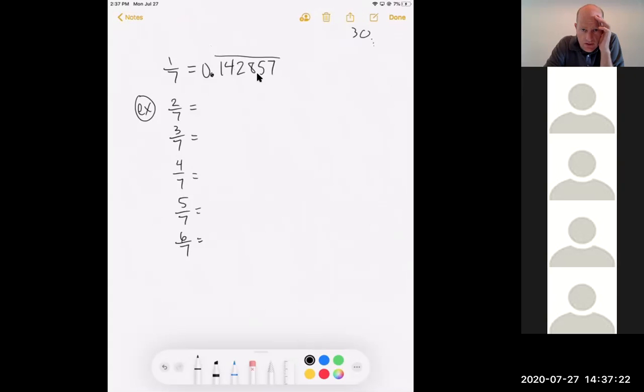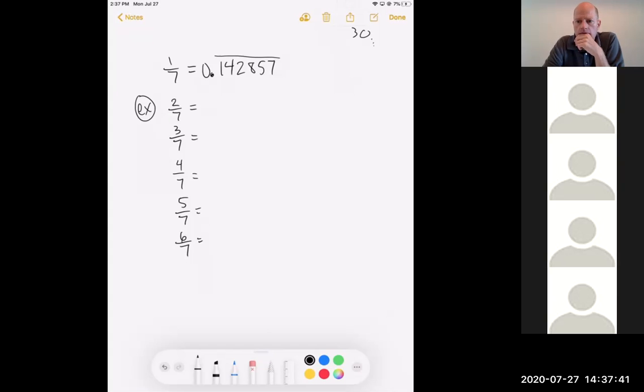So you have 1/7 here, and then 2, 3, 4, 5, 6 sevens. So we have like 3 minutes. So let's use our calculator. Does anybody have a calculator handy that they could help us calculate these? Maybe you can use your phone.